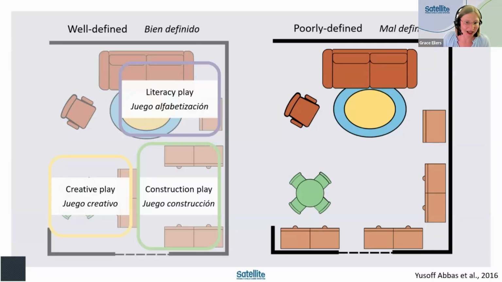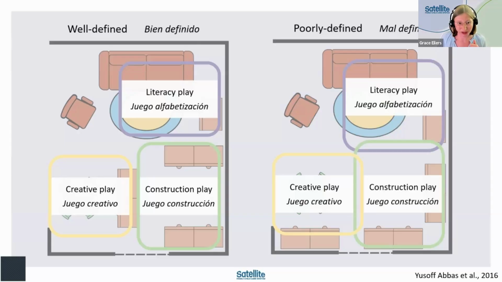So this is what it looks like in the well-defined space and poorly defined. You can see in this example, the shelves are situated around against the wall of the room, and there's more overlap between spaces. So these are simply two examples I created to help us visualize what this can look like in a home-based environment.